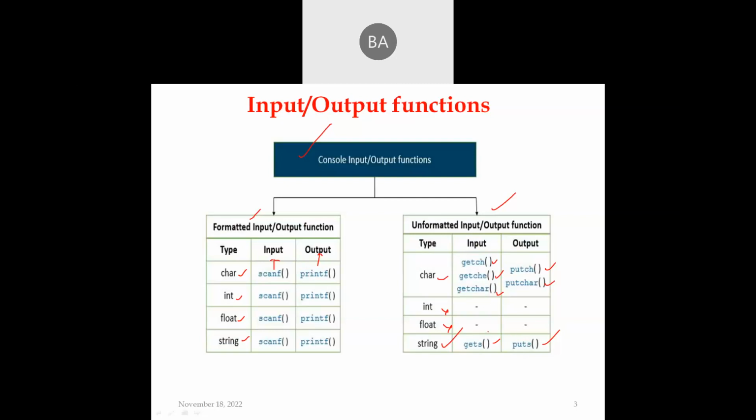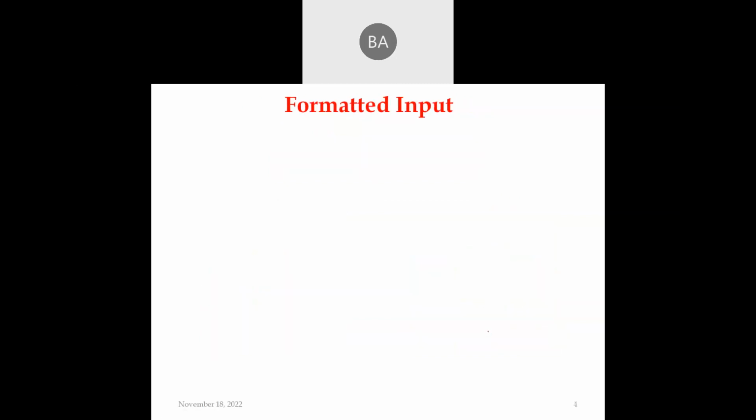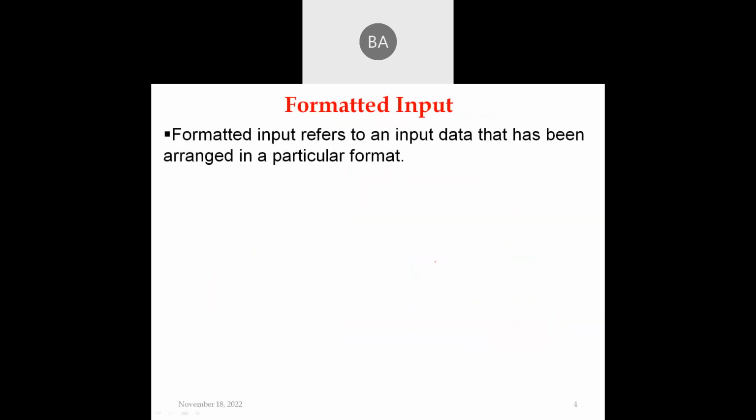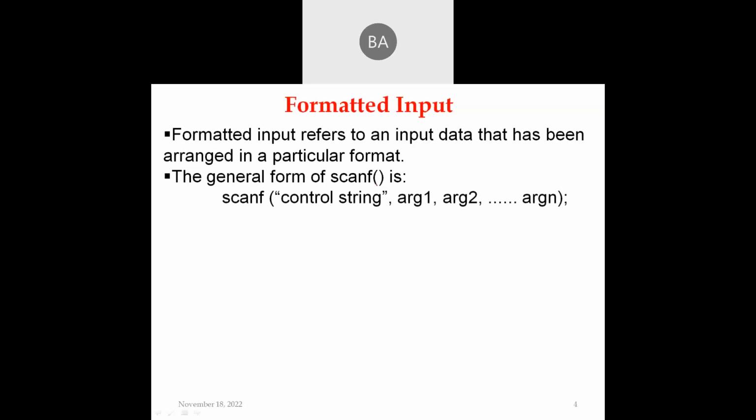Okay, so now we are going to discuss the scanf function to read the formatted input. Formatted input refers to input data that has been arranged in a particular format. The general syntax of scanf, which we already discussed, has a control string enclosed in double quotes.